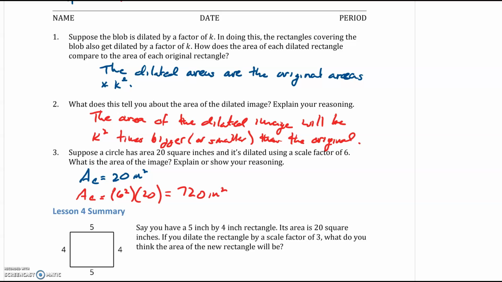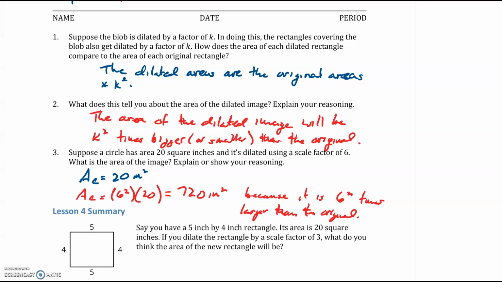Okay, so the area of the new image is going to be 720 square inches because it is 6 squared times larger than the original.